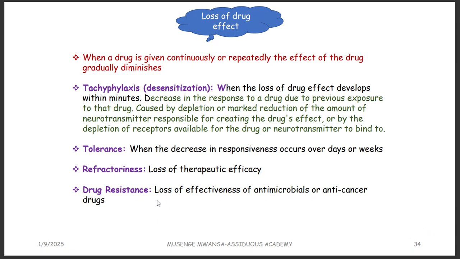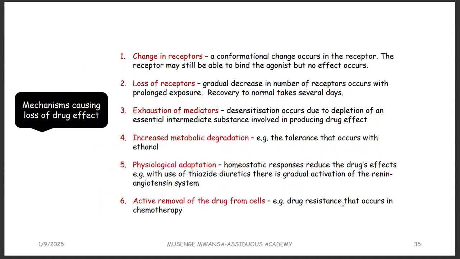Drug resistance is the loss of effectiveness of antimicrobials or anti-cancer drugs. If you give a drug that should treat microbial infections, such as bacterial, parasitic or fungal infections, or a drug that treats cancer, and it loses effectiveness, we say there is resistance. Specifically antimicrobial agents and cancer agents have resistance.